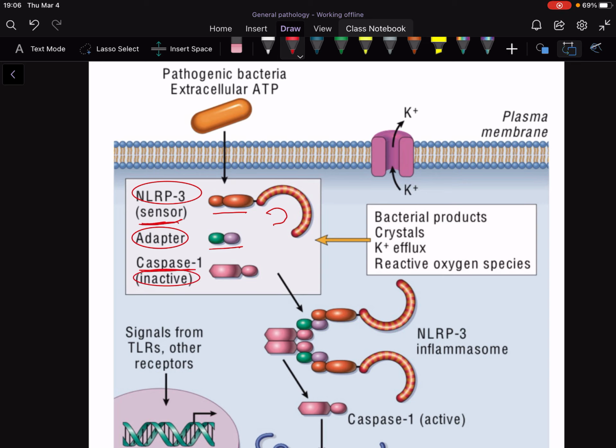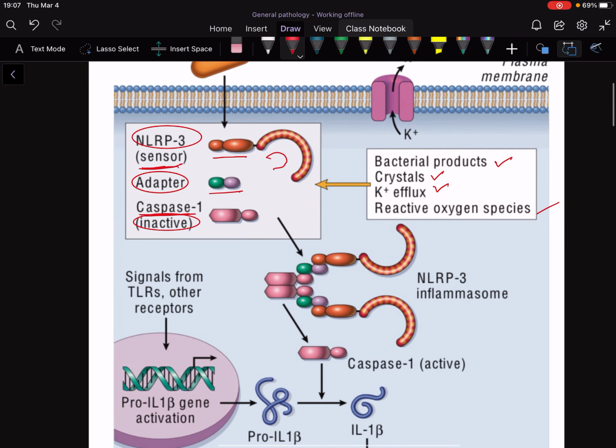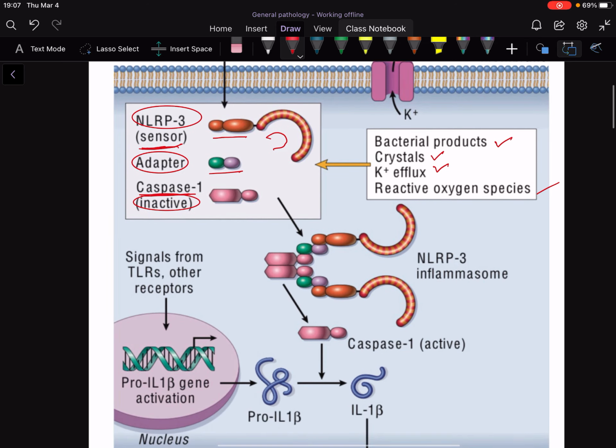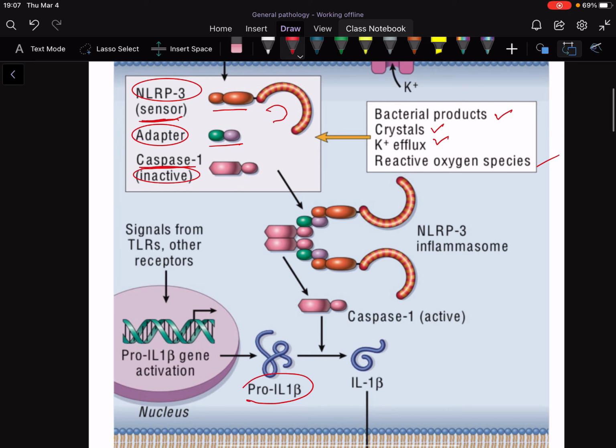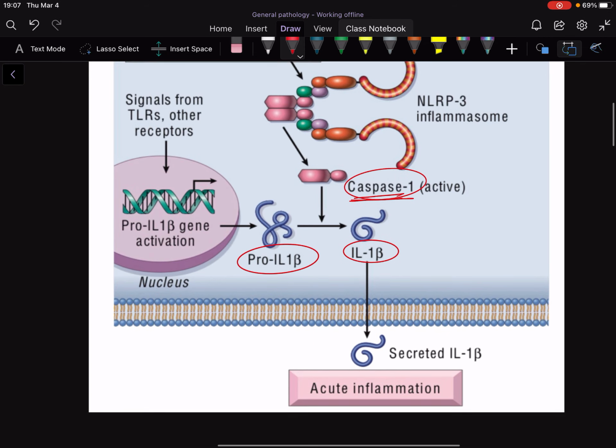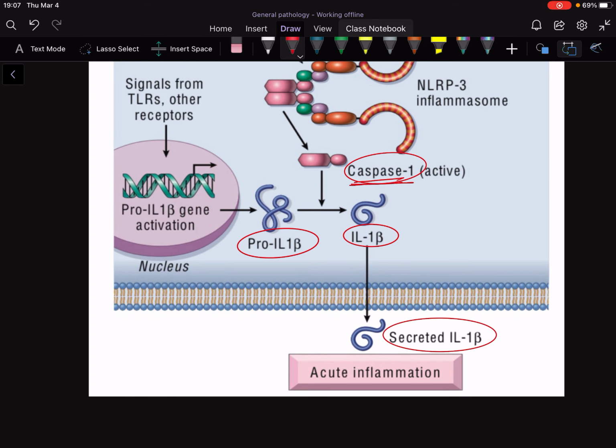Whenever NOD-like receptors are activated by potassium influx, crystals such as urate or cholesterol, bacterial products, and reactive oxygen species, caspase 1 will convert the interleukin 1 here. As you can see, pro-interleukin 1 is converted into active interleukin 1 in the presence of caspase 1. So caspase 1 is the enzyme which converts the inactive interleukin 1 into active interleukin 1, and this interleukin 1 causes acute inflammation.